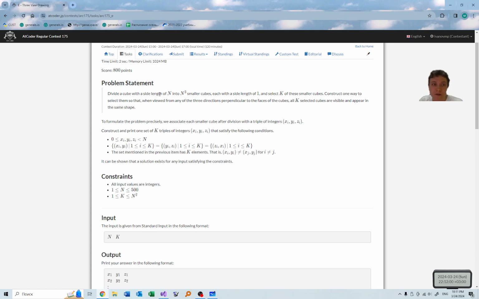We need to divide a cube with a side length of n into n cubed smaller cubes, such that on each of three faces, if you look at them perpendicularly, you'll see the same picture of k cubes. That is, they should not overlap, for example.